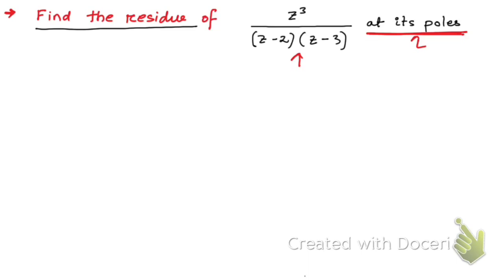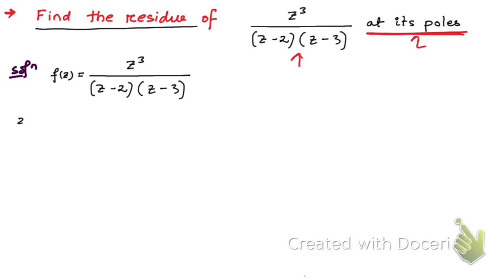So now you see, the solution. Let me write the given function first. The given function f of z is this. So how to find the poles? Just equate the denominator with 0, that's how we find a pole. z minus 2 into z minus 3 is equal to 0. Equating the denominator with 0, we're going to get the poles.